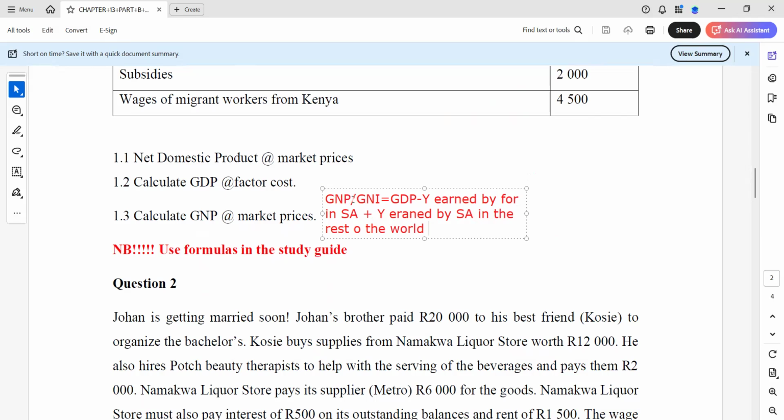That is gross national product or gross national income. So our GDP, we're given our GDP at market prices, which was 45,000, right? So now we need to subtract the income which is earned by foreigners in SA, and then add the income which is earned by South African citizens in the rest of the world.